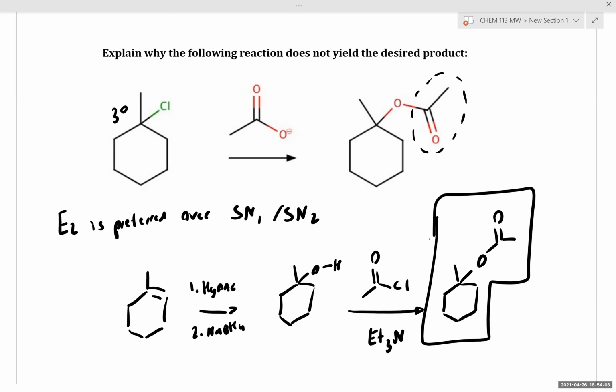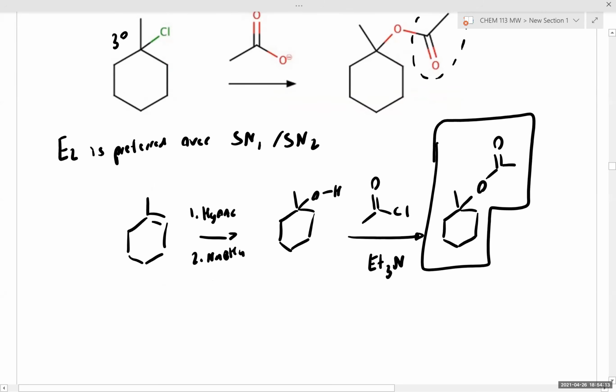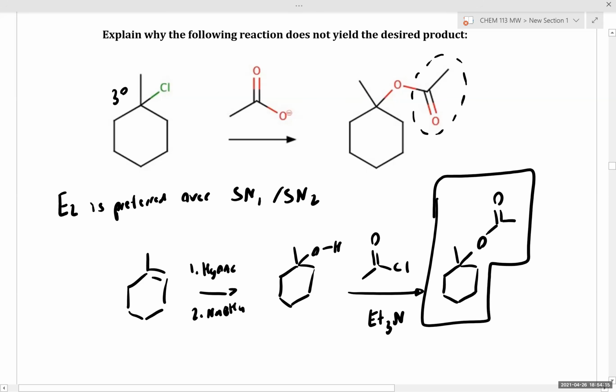Does that make sense? Perfect. Any other questions on this example? So here we found a route. We found it didn't work very well. We proposed an alternative route that accounts for the desired chemoselectivity.